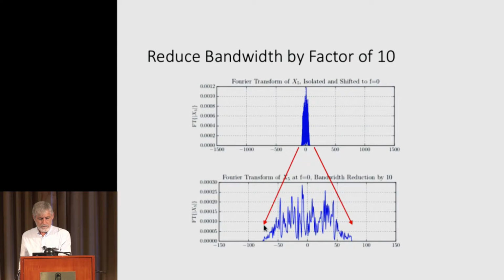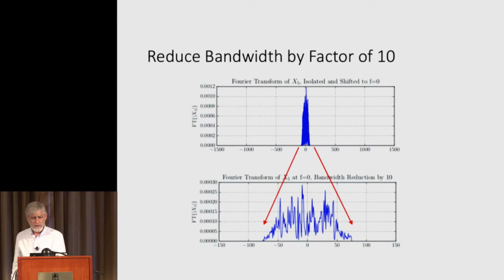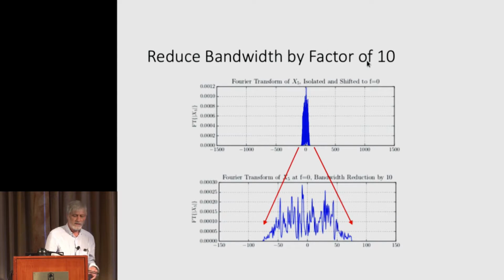And then in the next step, we say, now we don't need a large resolution anymore because we have determined the baud rate already. So we can now focus on just this part of the Fourier transform that we need, which corresponds to doing a decimation in the time domain. And so in this particular case, we reduce the bandwidth by a factor of 10, meaning that we decimate by a factor of 10 in the time domain.